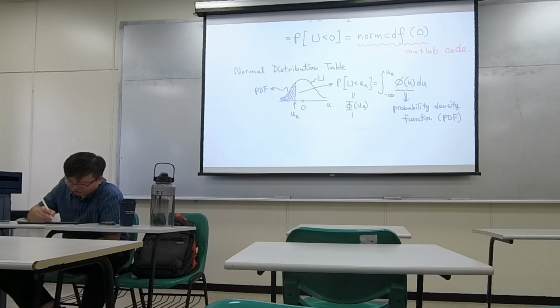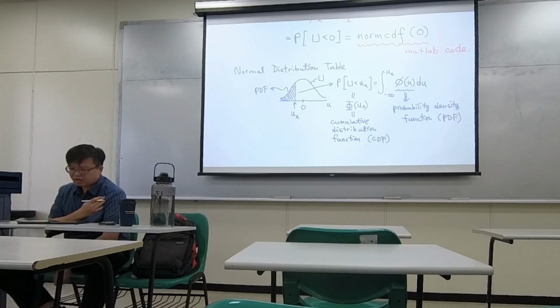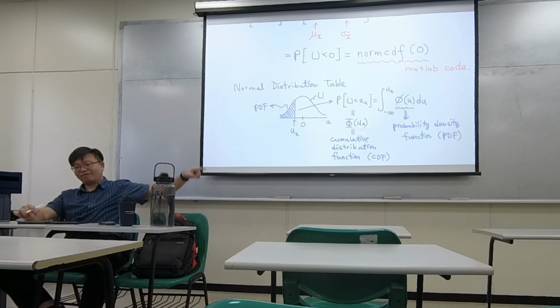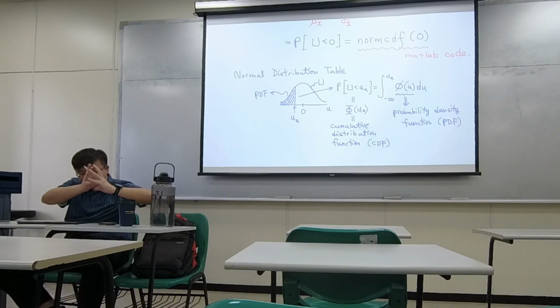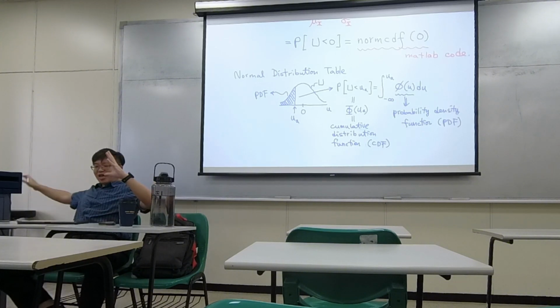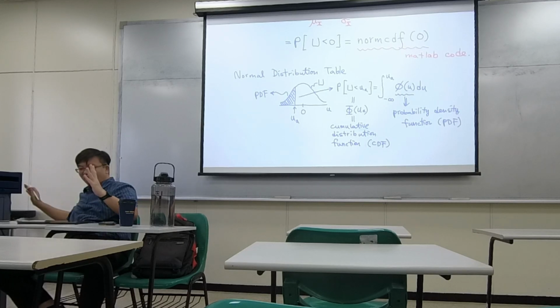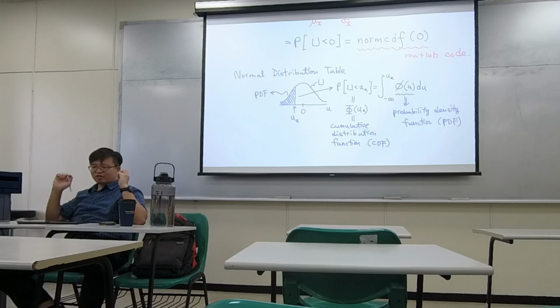So this function is called the cumulative distribution function. So it's the CDF. That's why in MATLAB, it's called norm CDF. Because if you try to compute the area from negative infinity to a certain point, the total value is the cumulative distribution function.